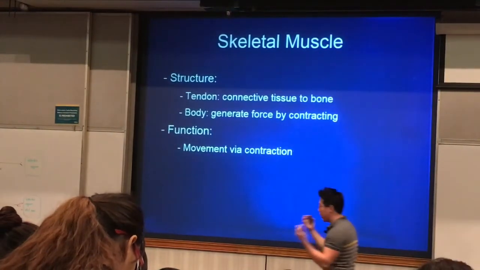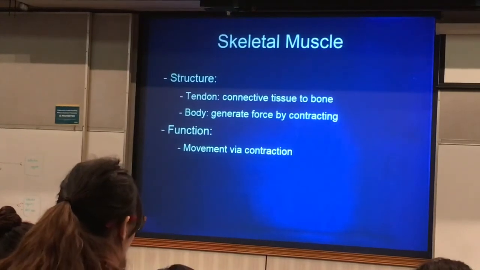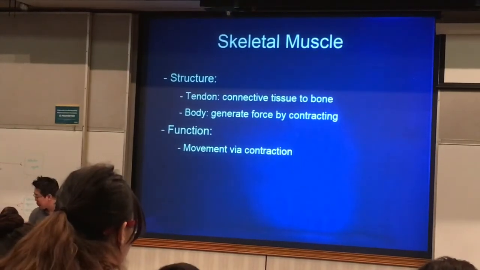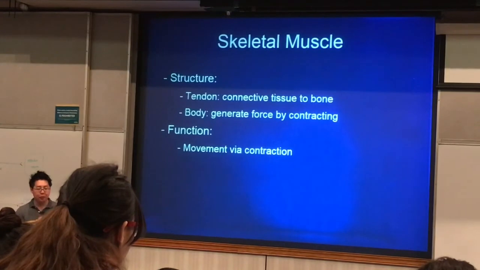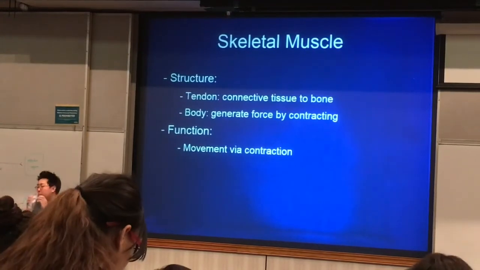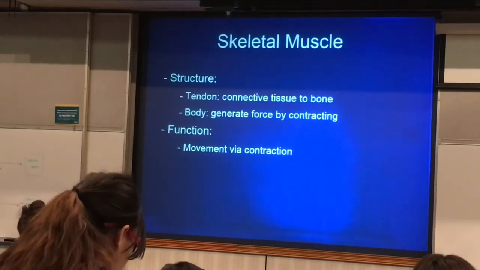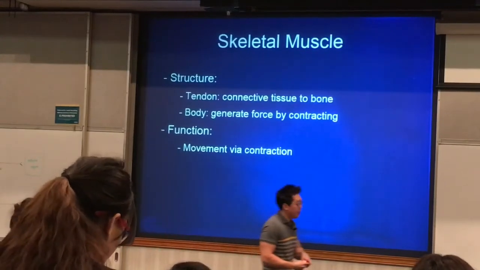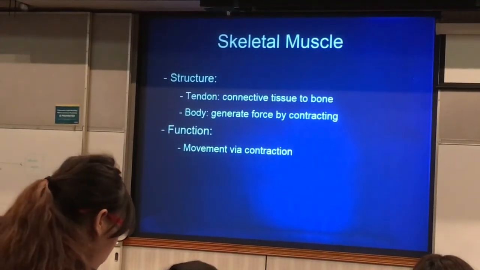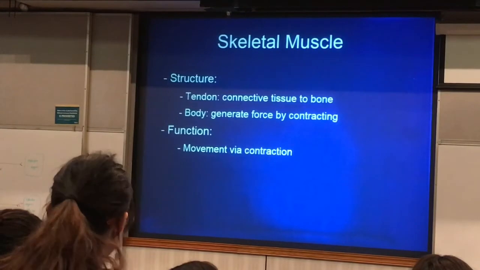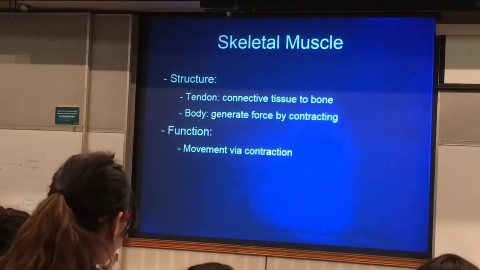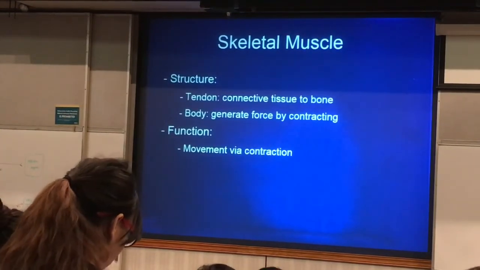So when the muscle contracts, it's going to pull on the skin or pull on these bones. This whole meaty part as a whole is going to be your muscle. Your muscle as a whole.